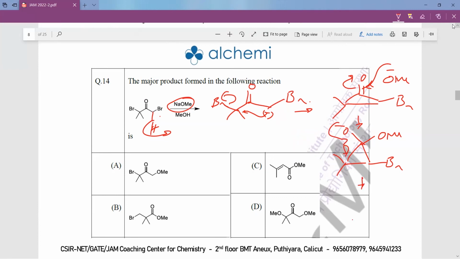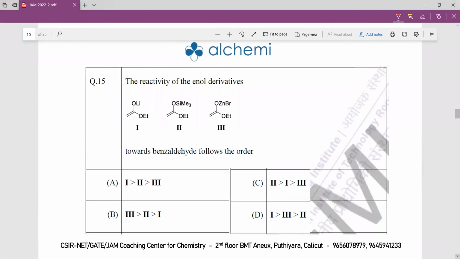So you will get these two groups and a double bond O, OMe here, a bromine here and a carbanion here. Next step, this will eliminate the bromine. So we'll get option C as the answer. Option C is the answer. Favorskii rearrangement.